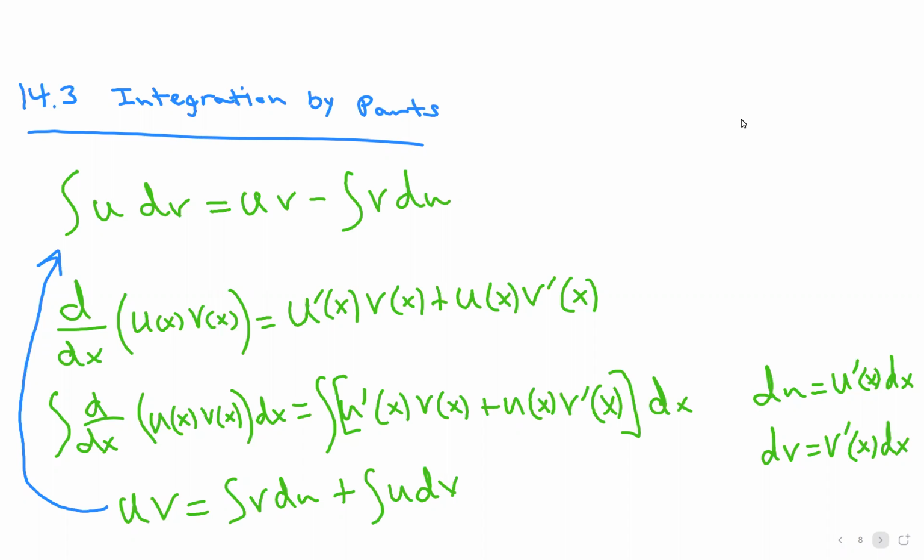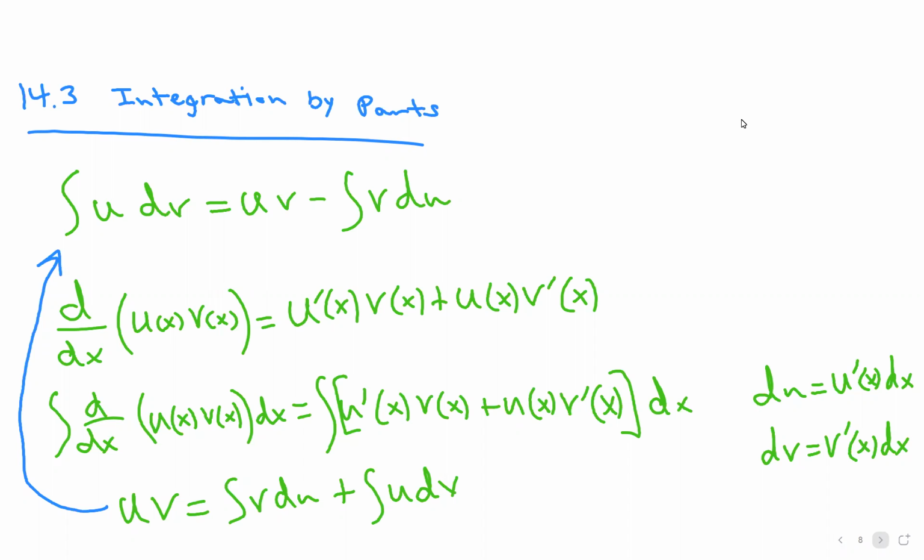It comes from the product rule. If you wanted to look at the product rule and integrate both sides, you would get basically the integration by parts formula. So you do the derivative of u of x times v of x. That's equal to u prime of x times v of x, plus u of x v prime of x.